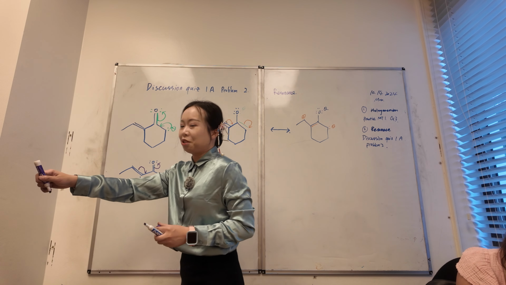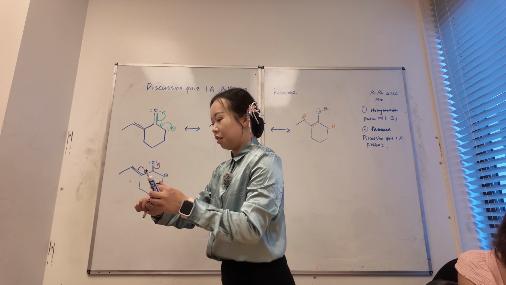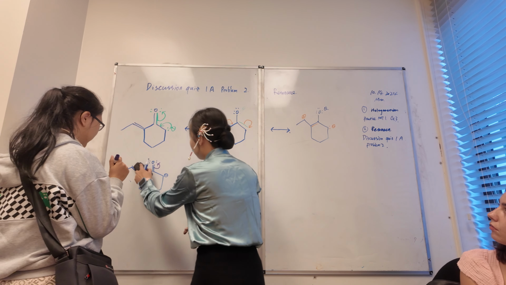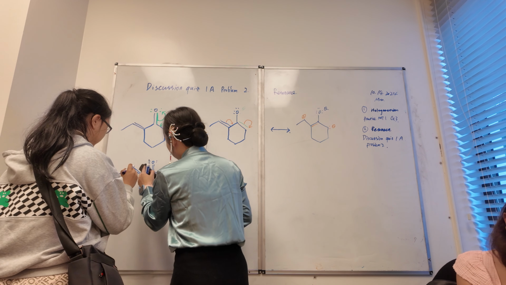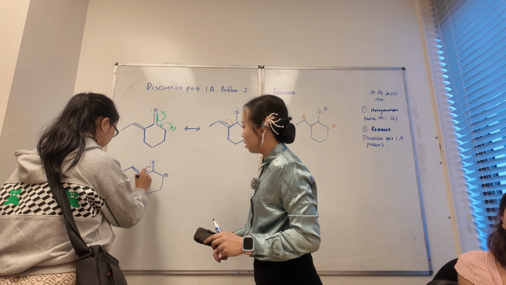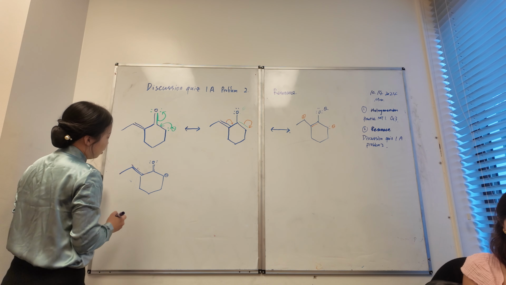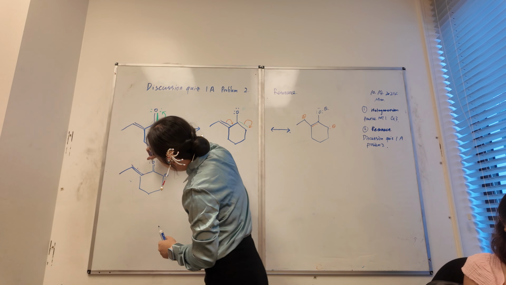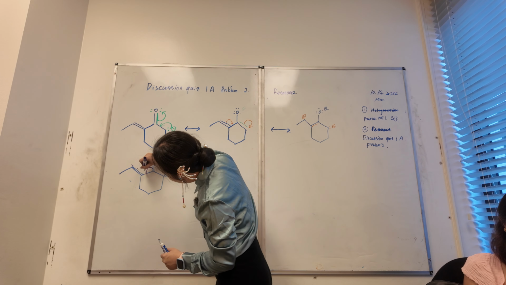Can you draw what you drew? I'm not sure whether it is okay. It's like I draw this and this. I'm not sure if it's correct or not. Okay, let's do this one. So she was proposing you draw a double bond here, right?